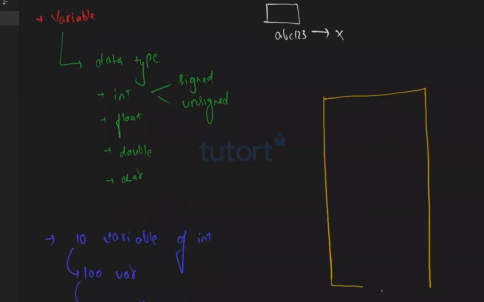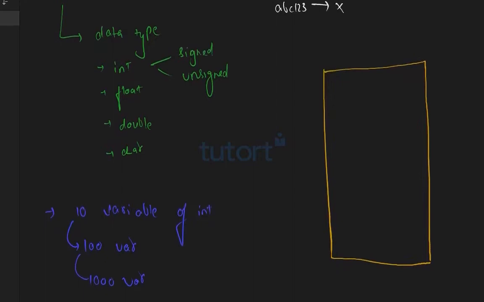An array is a homogeneous collection of data. Homogeneous means all the data belongs to the same data type.